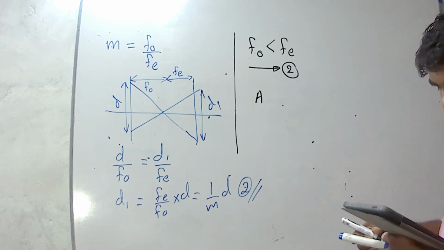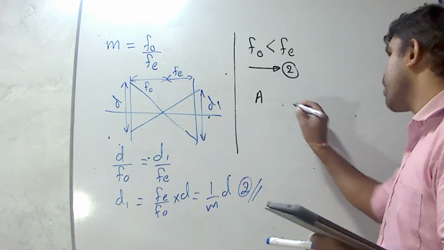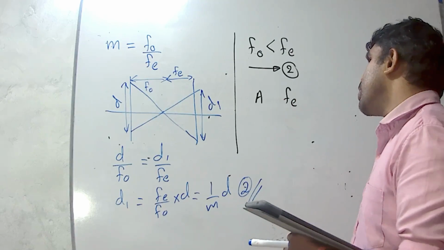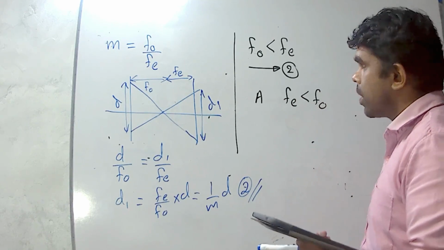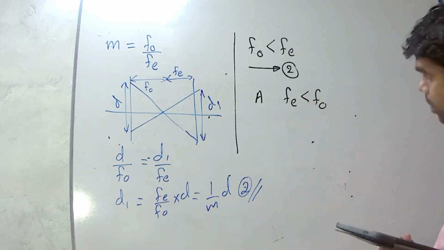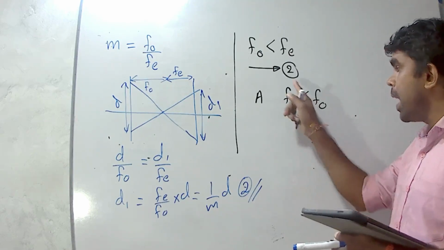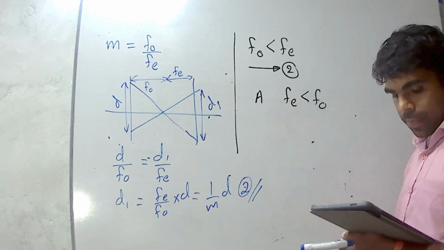We know that for a telescope, the focal length of the eyepiece lens should be less than the focal length of the objective lens. It is opposite to the microscope. Therefore, we have to select the minimum eyepiece length.